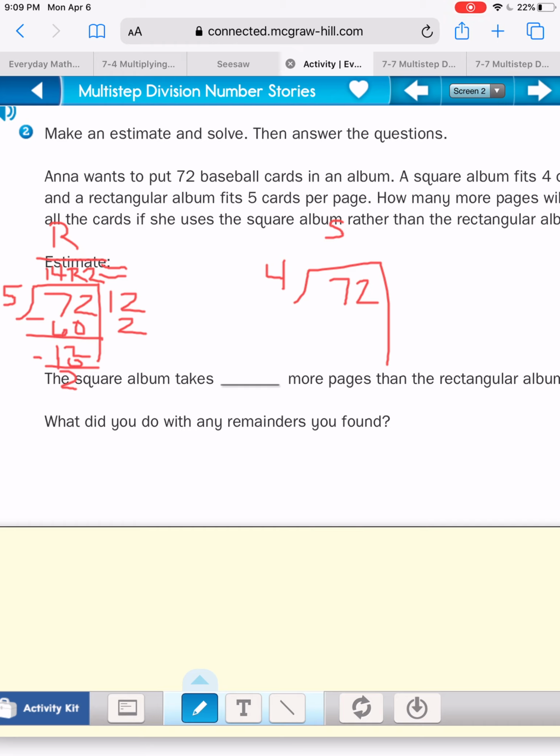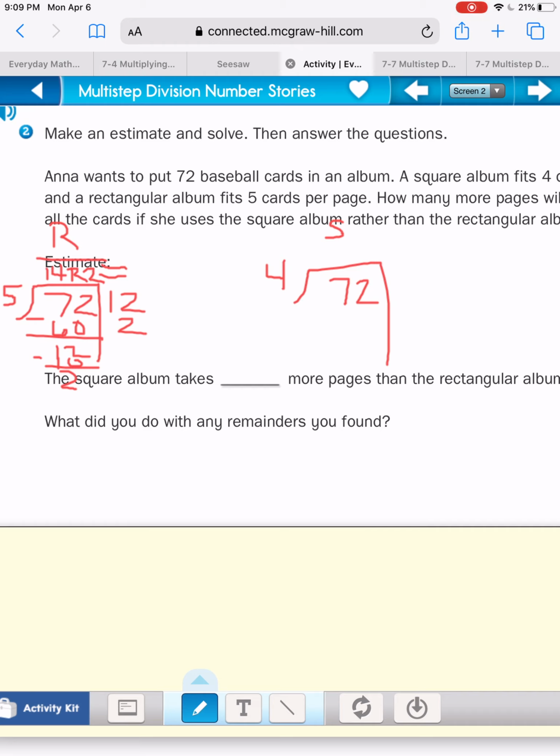Now, in math class, you should know that when we're talking about photo albums and we have a remainder, we would actually need to round the 14 remainder 2 up. Because if I have 14 full pages and 2 pictures left over, that means I can't just get rid of those pictures. It might be one of my favorite pictures with a relative, or something from school, or something that I really want to remember.